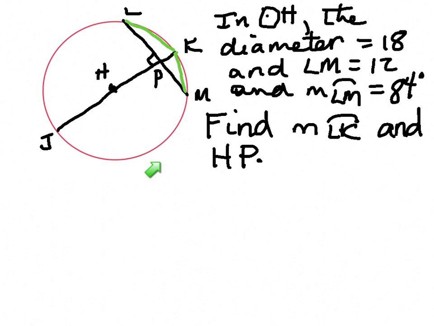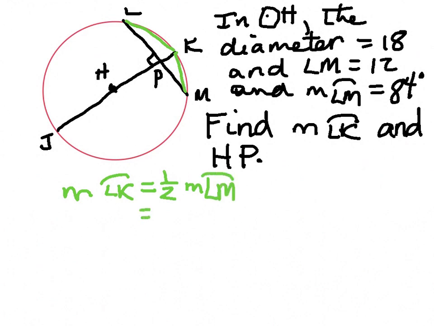So therefore, arc LK and arc KM are the same, and in a very simple way, to find the measure of arc LK, I just need to say that it is 1/2 the measure of arc LM. So that's 1/2 times 84, which is 42 degrees.